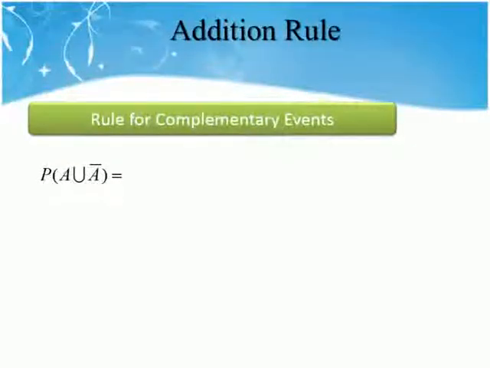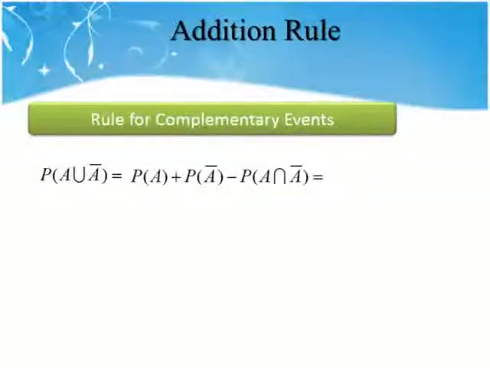One note about complementary events: the probability of A union A complement, or in other words, the probability that A occurs or A complement occurs, is the probability that A occurs plus the probability that A complement occurs minus the probability that A and A complement occur.